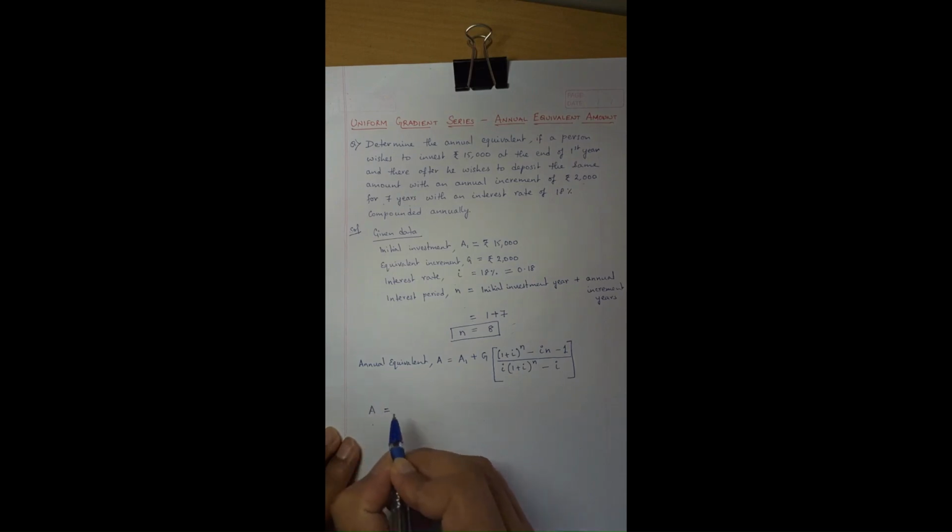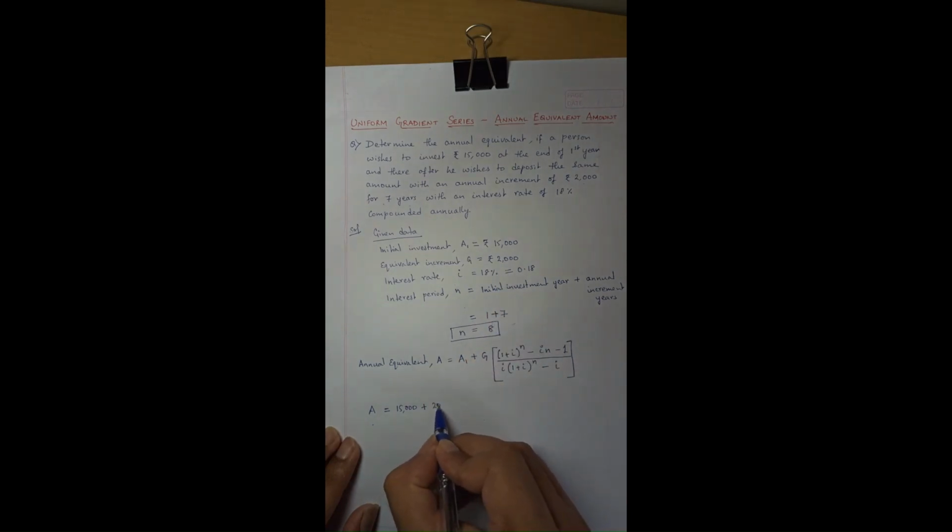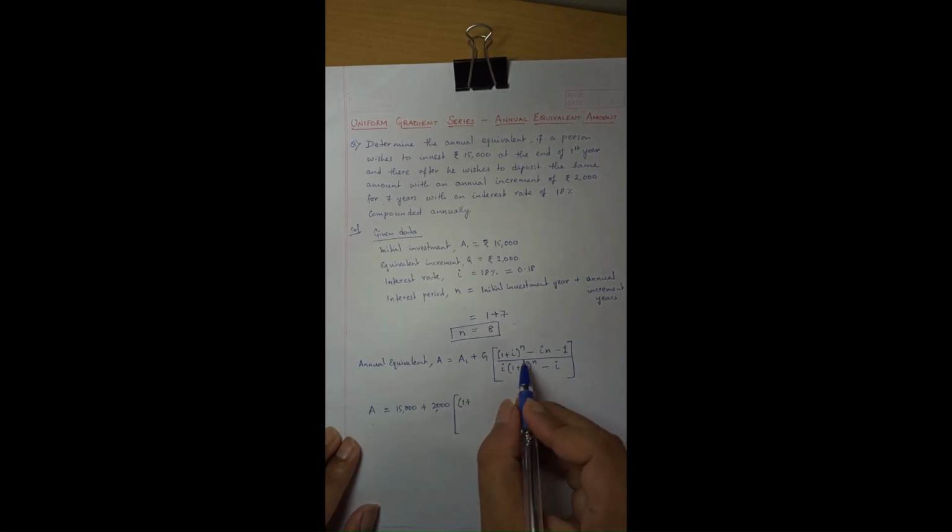A is equal to A1 is 15,000 plus G is 2000 multiplied by (1 plus i is 18%, 0.18) to the power of n is 8, minus i into n, so i is 0.18 multiplied by 8, minus 1, whole thing divided by i, 0.18, multiplied by (1 plus 0.18) to the power of n, which is 8, minus i, 0.18.